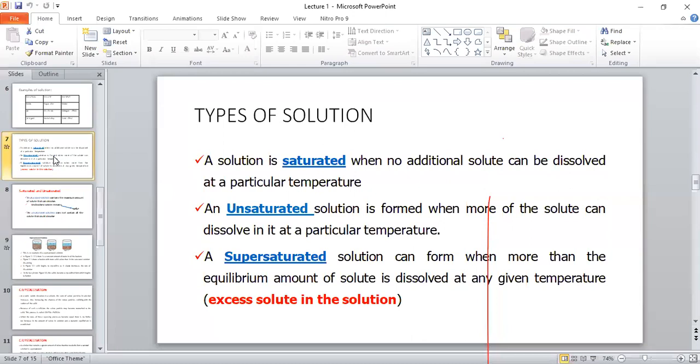Then you look for a way of creating a condition that can make that solvent take more solute than it's supposed to as a saturated solution. So that means it's supersaturated. For you to be able to achieve supersaturation, you have to increase temperature. You heat it up, because an increase in temperature increases solubility. So for you to achieve that.